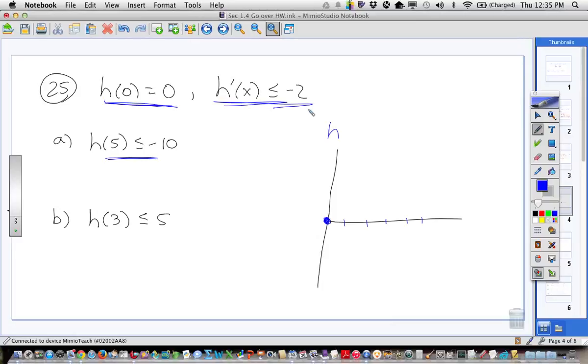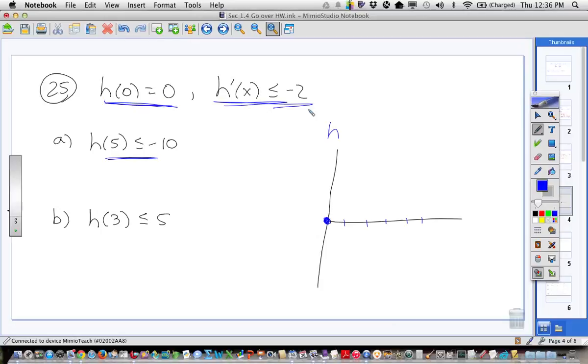But if the slope is -3, -2, -1, are those getting steeper? -3 slope would be like this. -2 slope would be like this. -1 slope would be like this. They're not getting steeper. But what are those numbers doing? Increasing. So just because the slopes are increasing does not mean the line's getting steeper. We have to be careful with our positive and our negative numbers. So the terms increasing and decreasing can sometimes get us in trouble.